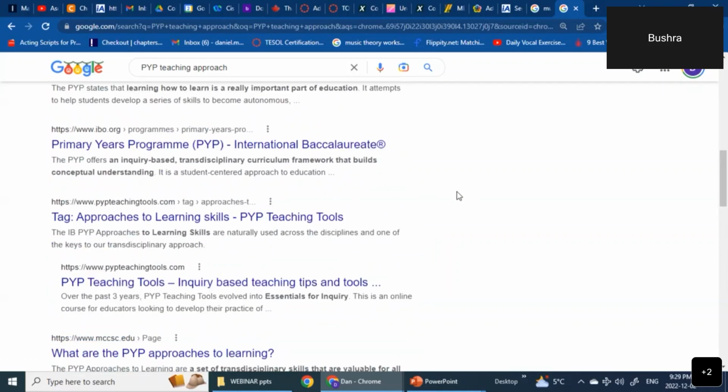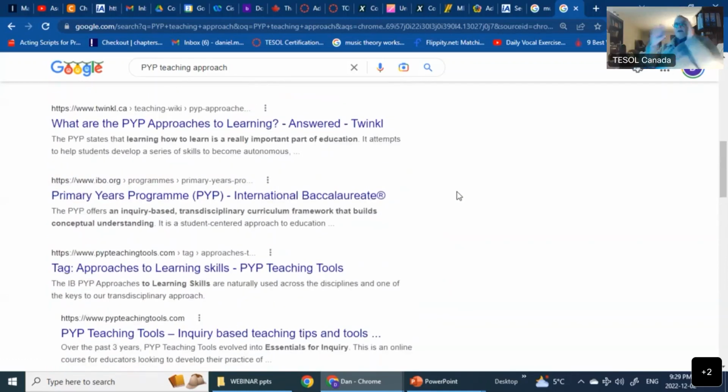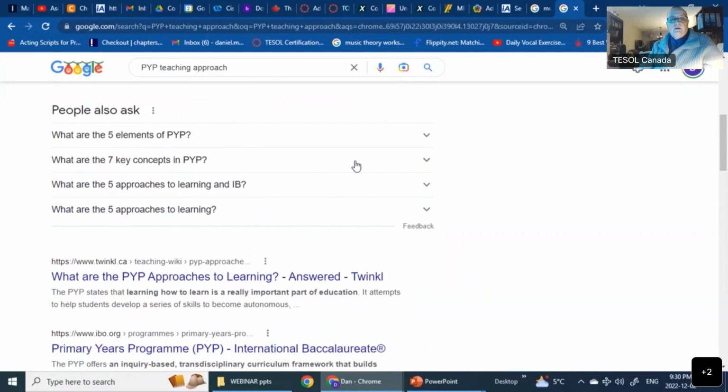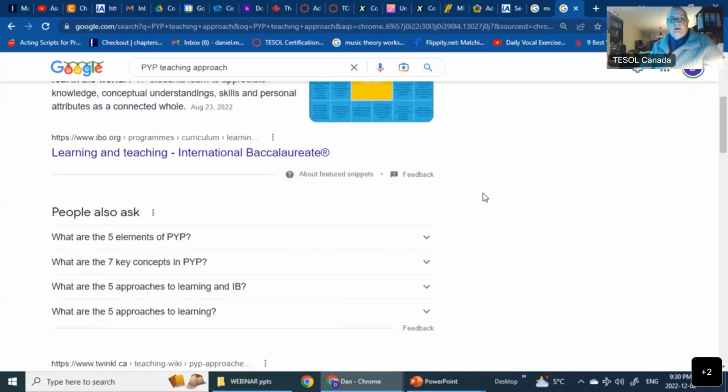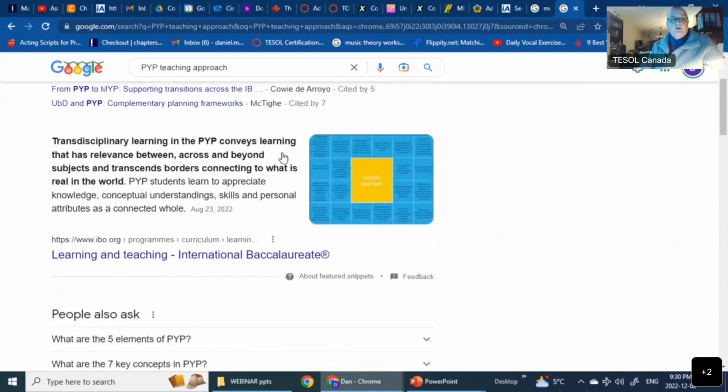Whereas with STEM, they study science as the science subject. They study technology as the technology subject. They study the separate subject matters. But with this PYP learning, they're doing the cross-disciplinary, cross-curriculum studying approach.